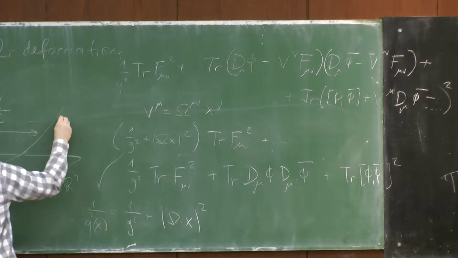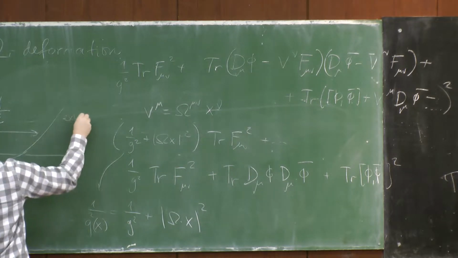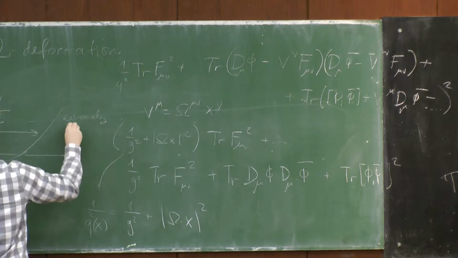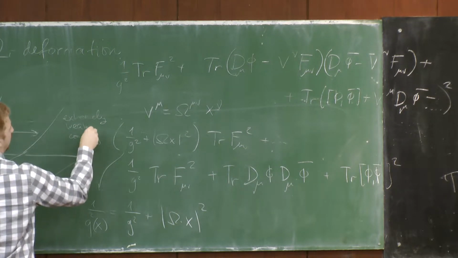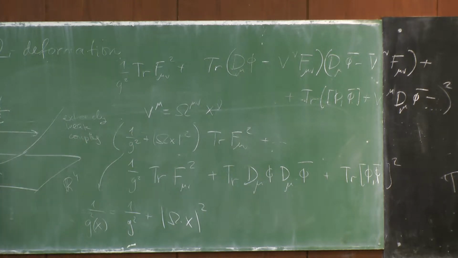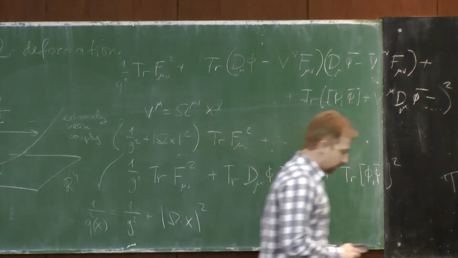So here we get extremely weak coupling. And here you get the old physics. So nothing changes compared to the original theory.